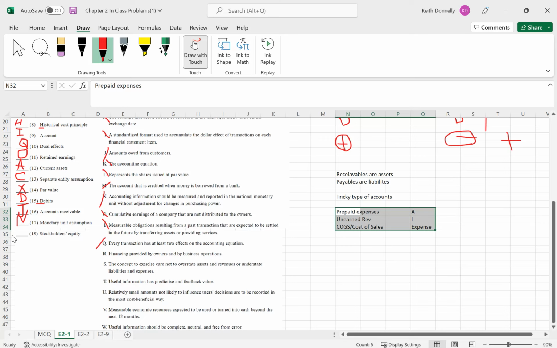18 here, stockholders' equity. This one is going to be R. It's financing provided by owners and by business operations. So in other words, if you go to buy a car, they're going to ask, how are you going to finance this?